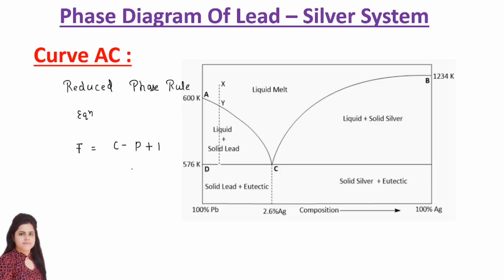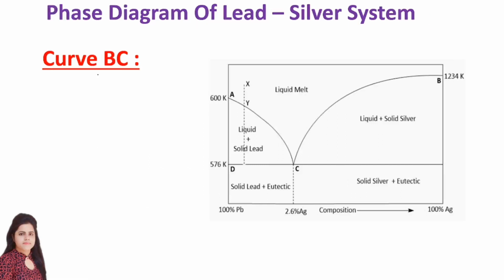This is a two component system, so C is 2. Solid lead and liquid are in equilibrium, so the number of phases is also 2, plus 1. So it comes to 1, and it is called a univariant system.